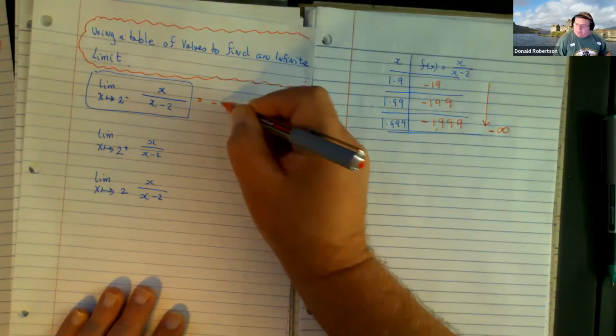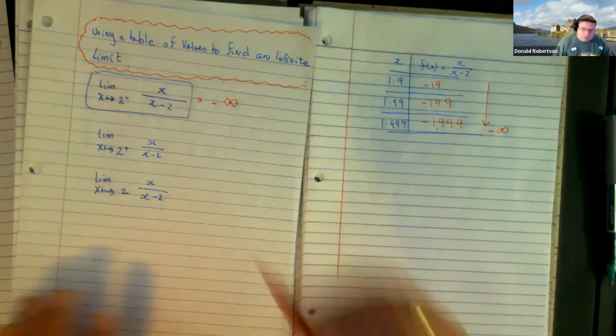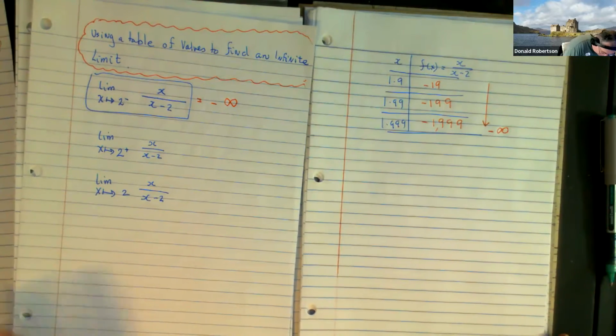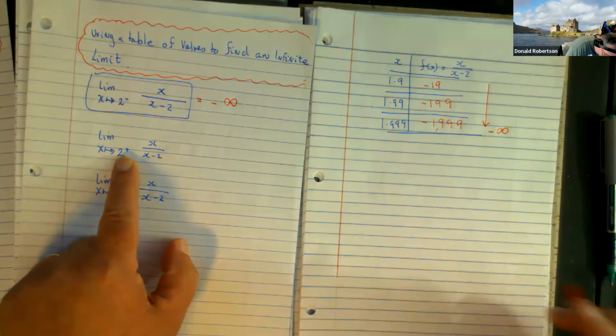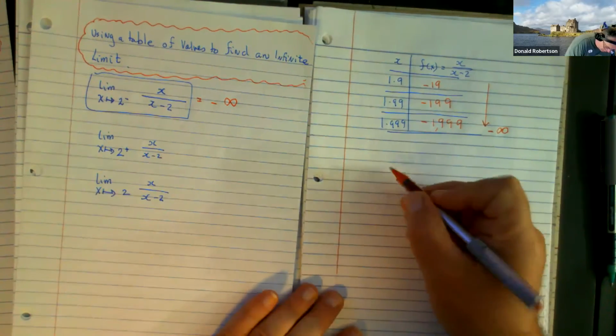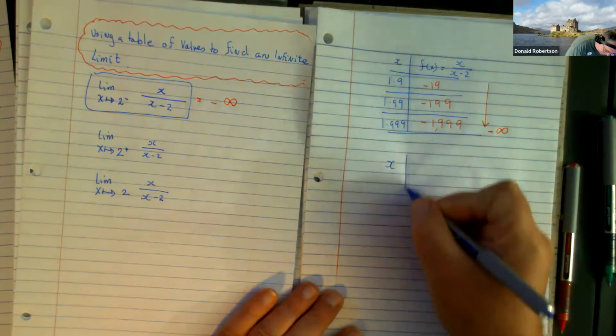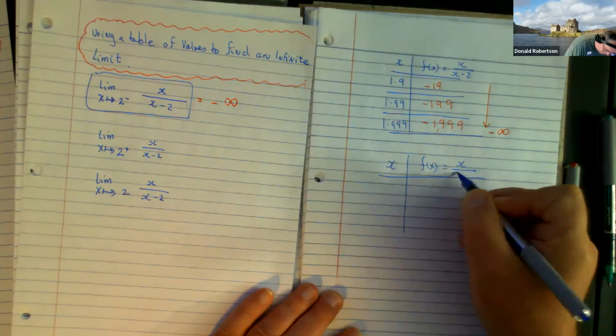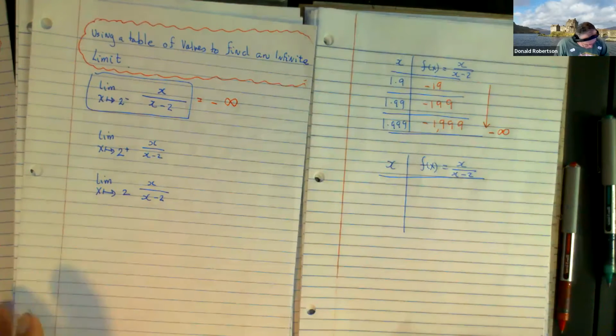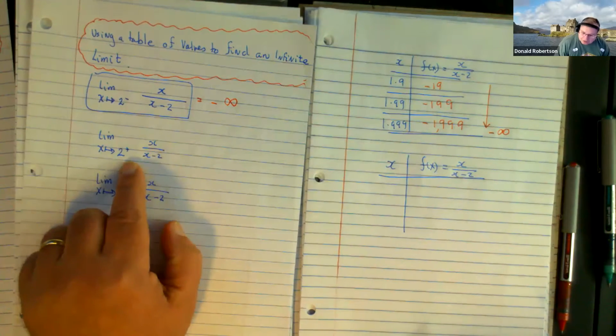Okay. Now, suppose you want to do this one. You're going to set up a table, because that's the way that we're tackling this question. And we have to look at what consecutive values are going to look like. Well, in 2 plus, that means you're coming in from the right-hand side. So it's going to be like the 2.001 side.